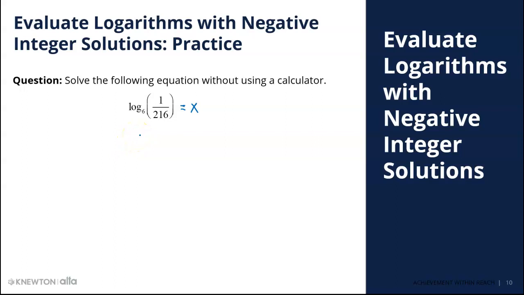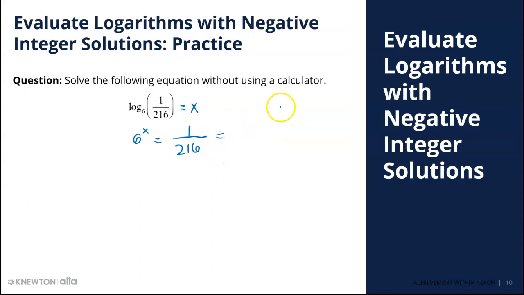So you would raise 6 to x to get 1 over 216. And since we want to know the value of x, it would be helpful to write 216 as a power of 6.